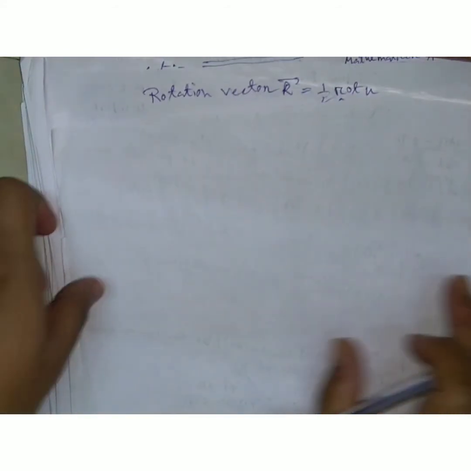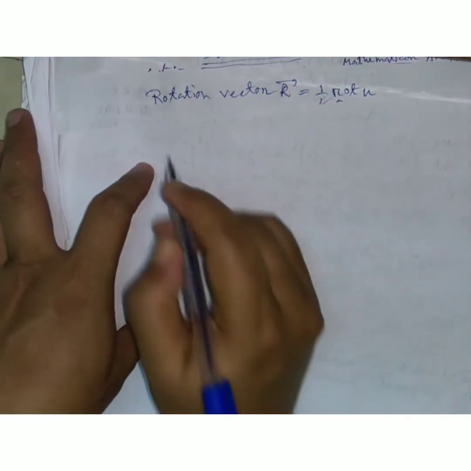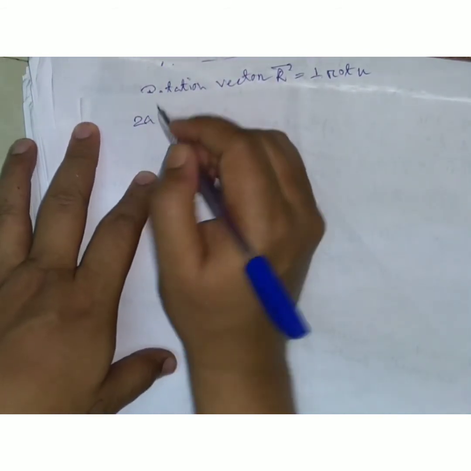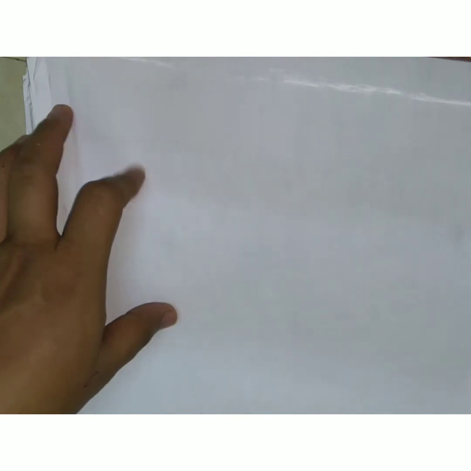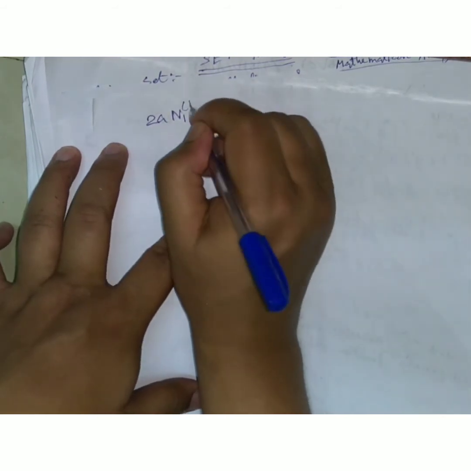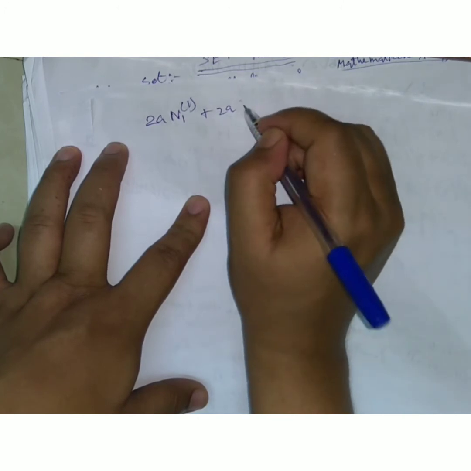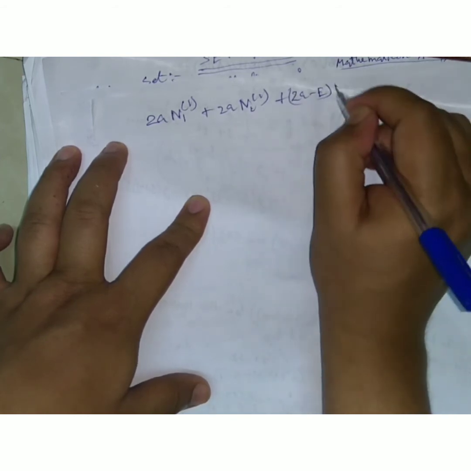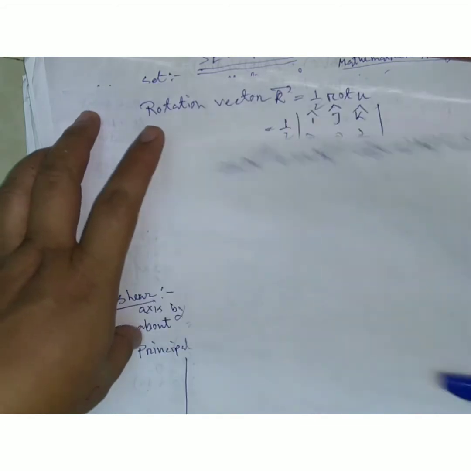And next, whatever I get, the next equation is 2a n1,1 plus 2a n2,1 plus (2a minus E1) n3,1 equals 0.